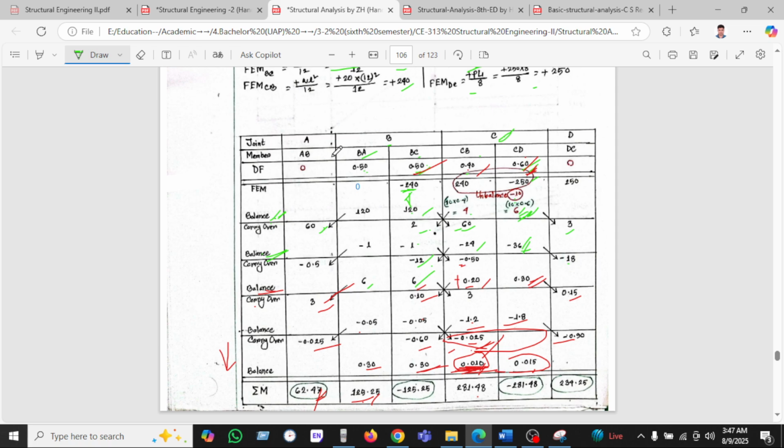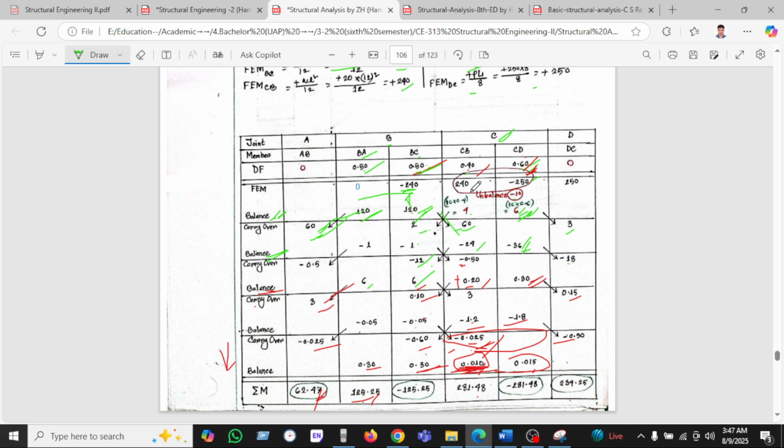Now we can see here we have found 240, and then we have to balance the moment, with coefficient 50% which is 120 and 50% which is 120, and the carryover is 120 divided by 2 and 120 divided by 2.